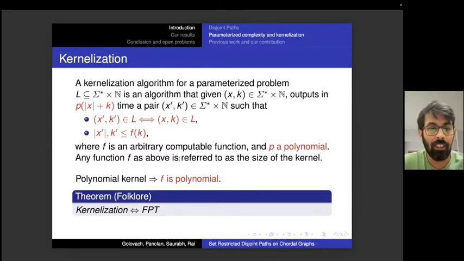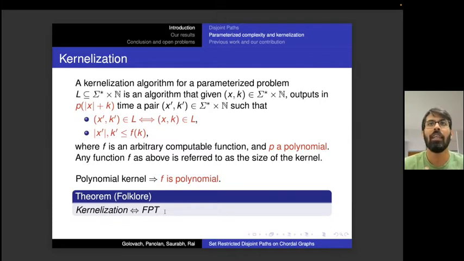So it can be asked why study these two things differently if they are one and the same. The kernels that we get from this theorem are actually exponential. So if a problem turns out to be FPT and from there we derive that it has a kernel, that kernel is exponential. Then the question becomes: does this problem have a polynomial kernel?